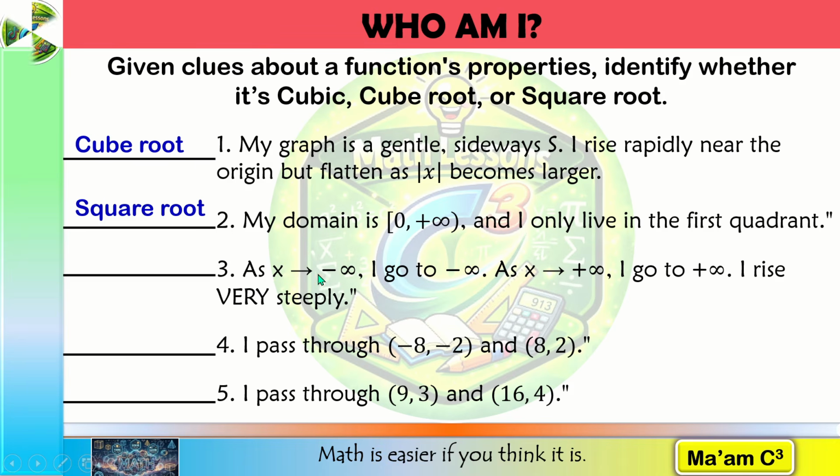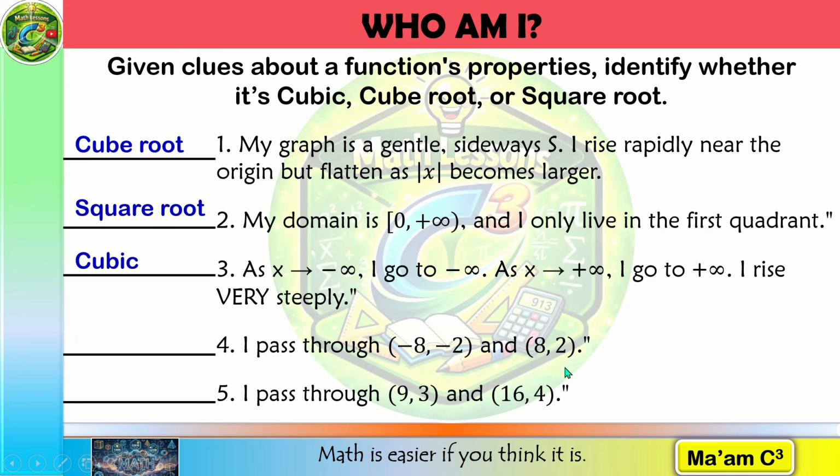Number 3, as x approaches negative infinity, I go to negative infinity. As x approaches positive infinity, I go to positive infinity. I rise very steeply. This is cubic. Number 4, I pass through (-8, -2) and (8, 2).